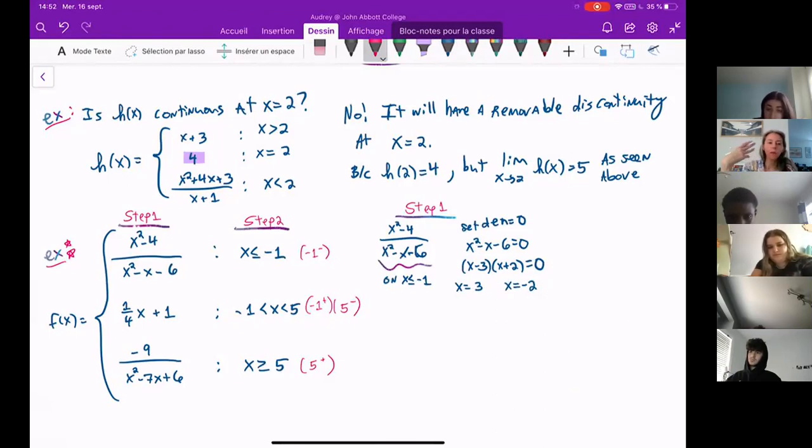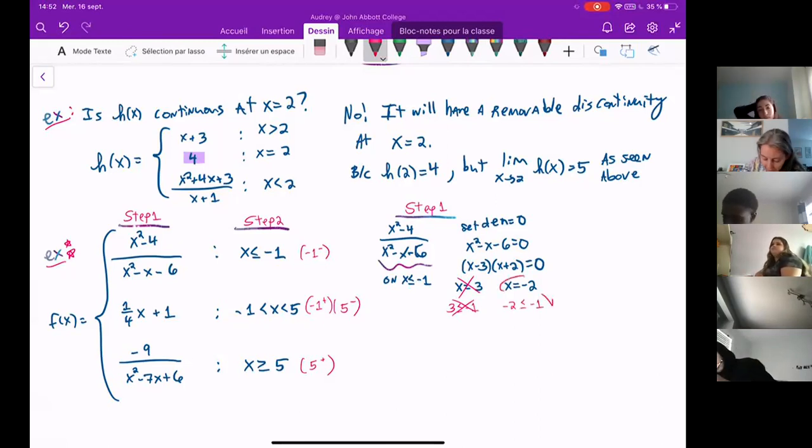Yeah, so I'm getting rid of +3 because if I write 3 less than or equal to -1, that's not true. But -2 less than or equal to -1, that is true. So I'm getting rid of 3. But that means I care about x equals -2. And same as before, this tells me that f of -2 does not exist because it causes division by 0.